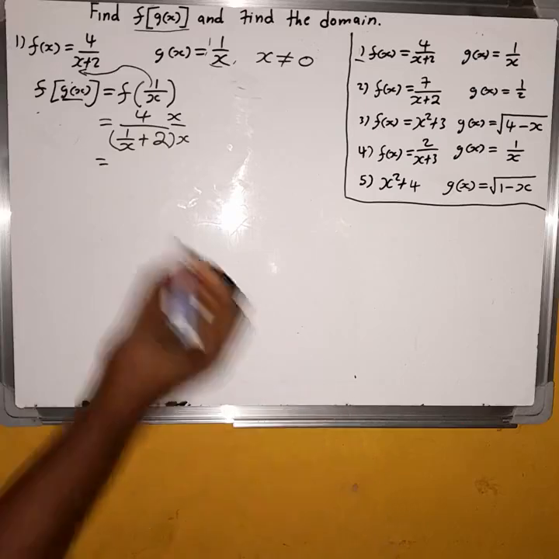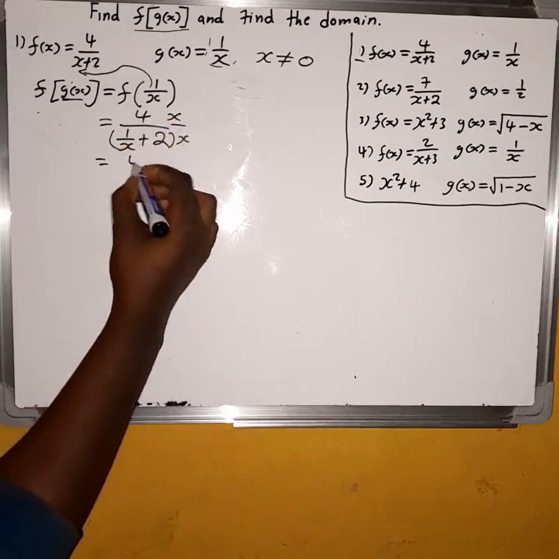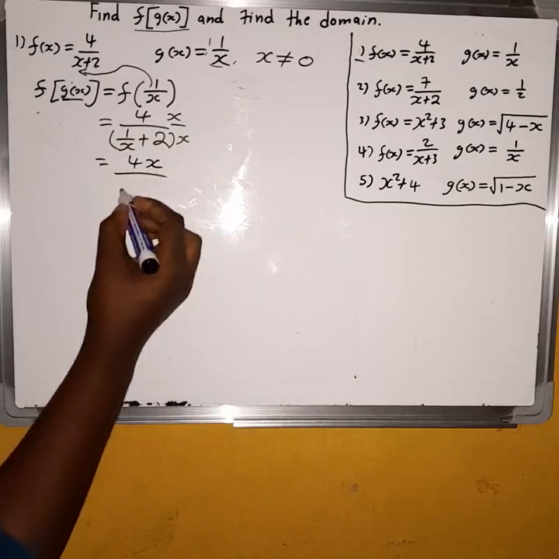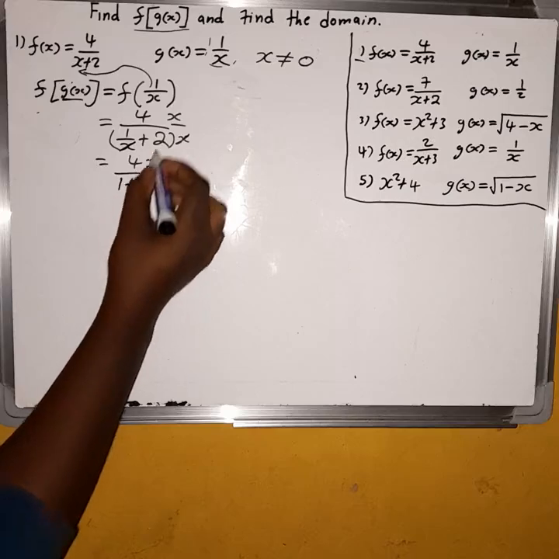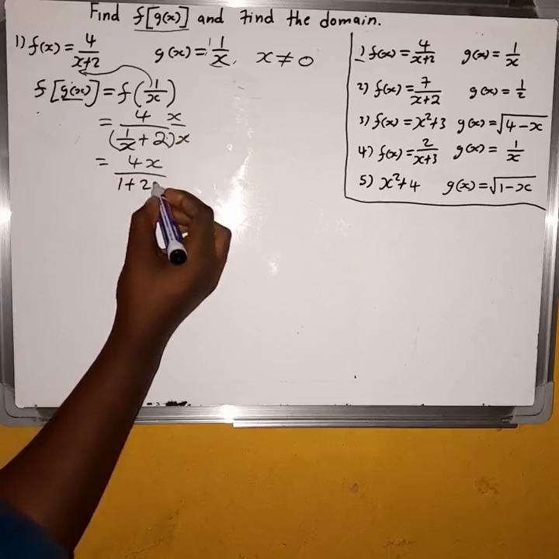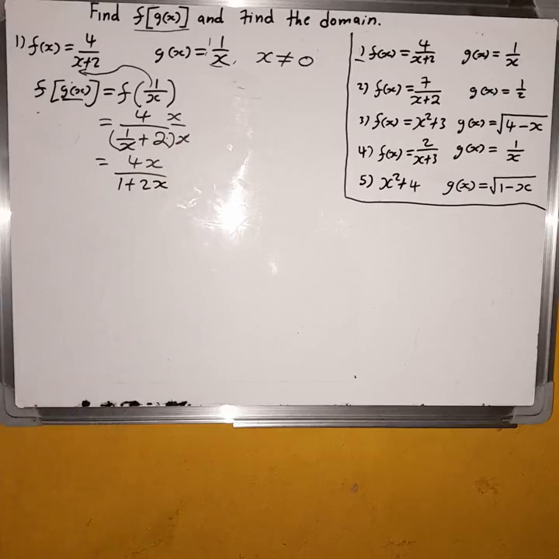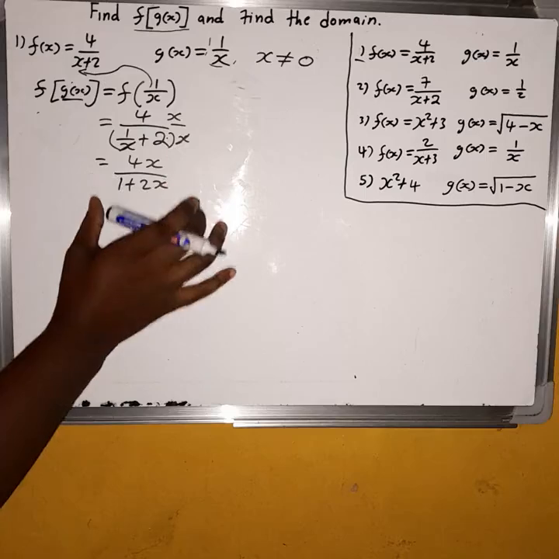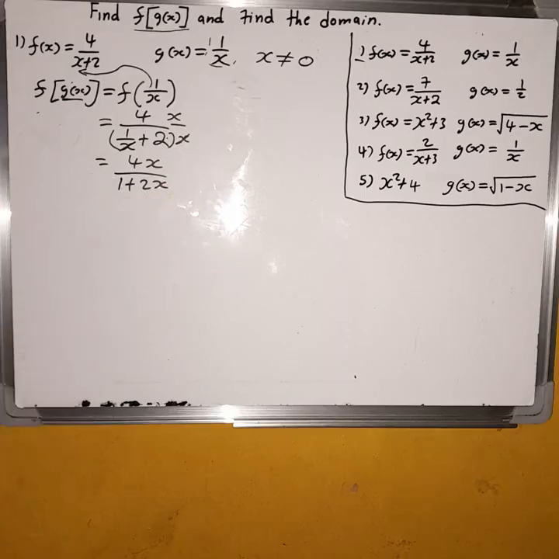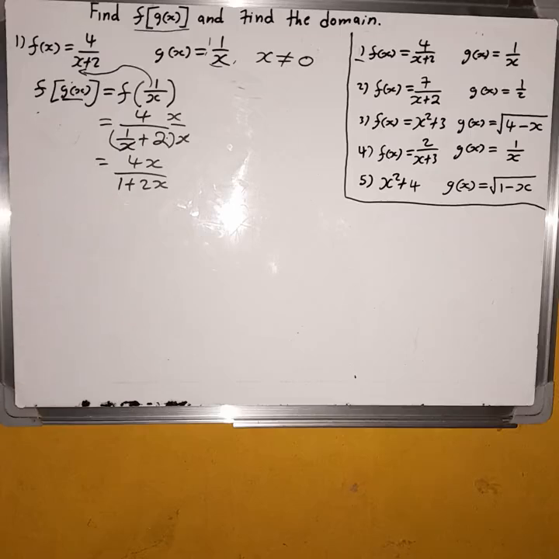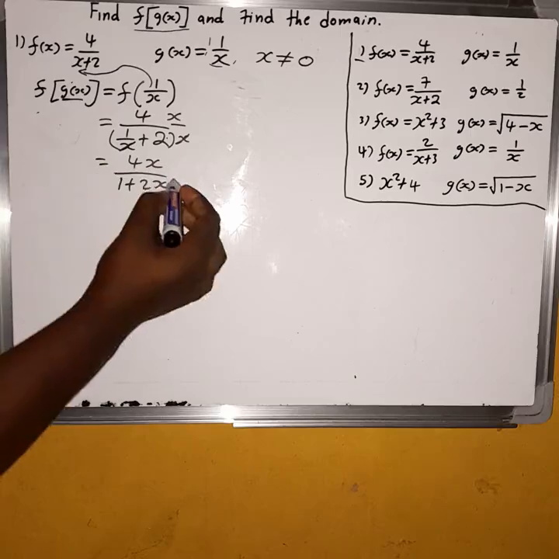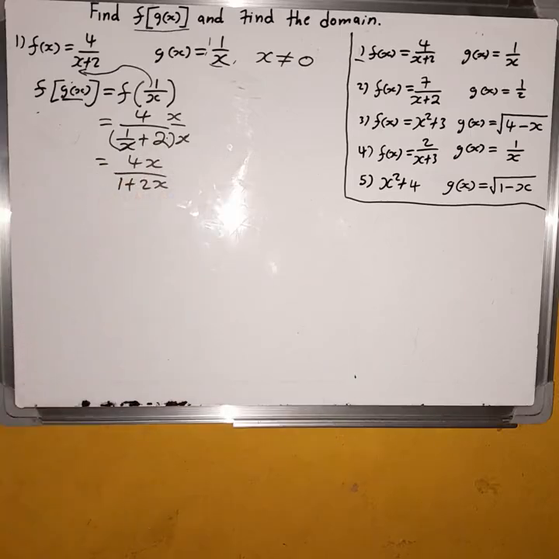This will give you 4x over x, and the x here will cancel, leaving 1, then multiplying gives 2x. Now what did you get? You got a fraction. Remember this is our composition, so we have to find the restriction. Let us find the restrictions here, since it's a fraction.